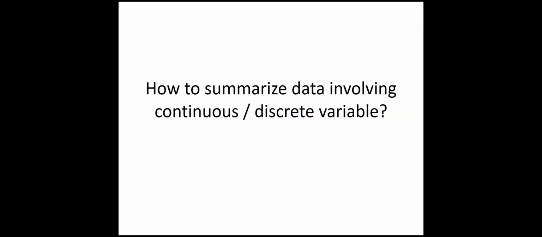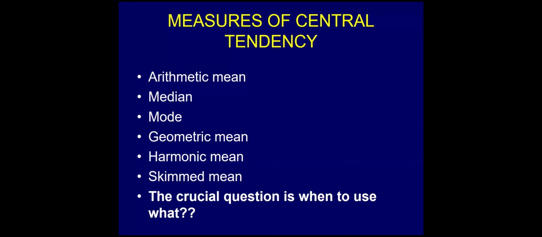So when it comes to summarizing quantitative variables, one thing we use is the measure of central tendency. What is this measure of central tendency? It is nothing but one value which can summarize the whole of my sample which I have collected, the whole of my observations which I have included in the study.